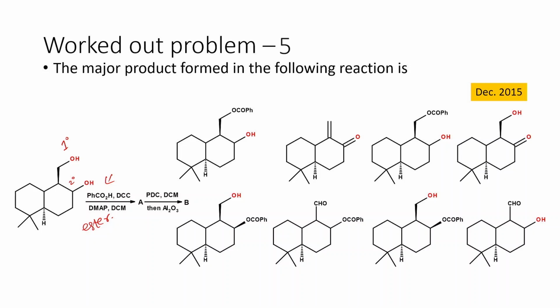The alumina reaction is generally an elimination or dehydration type reaction, and PDC in DCM is an alcohol oxidation reaction. So these are the two things we have to remember. And if you look at A and B, we have 4 different combinations.